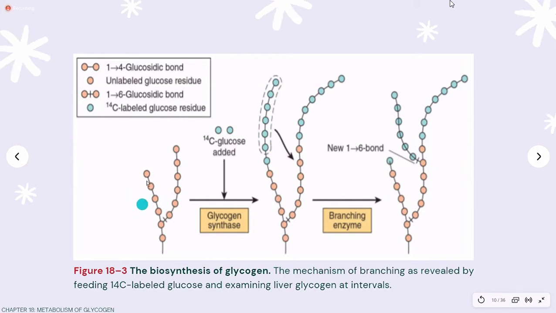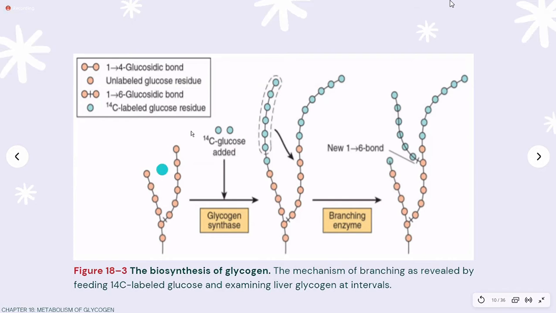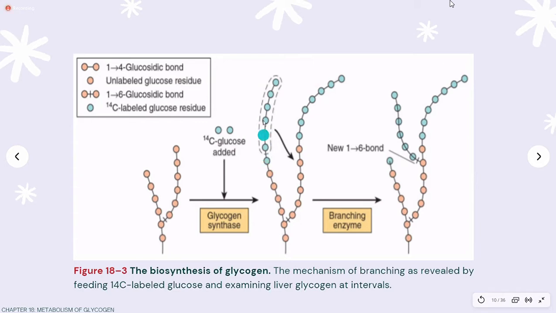during breakdown. So you have an incoming glucose through your glycogen synthase. Oh, those are the incoming glucose. This one there, colored blue-green. Oh, okay. So it is attached 1,4, 1,4, 1,4. All right.